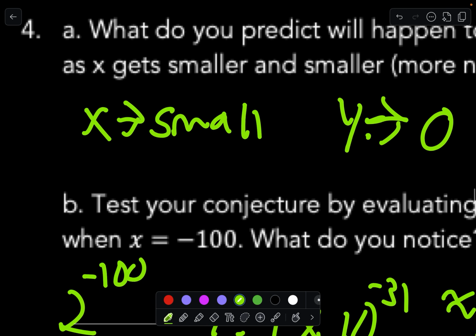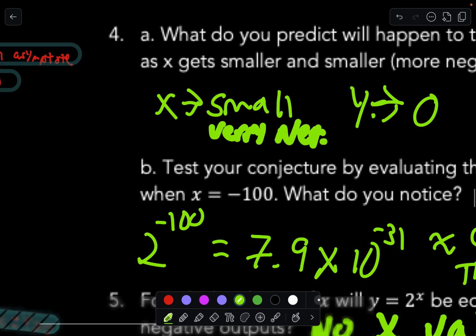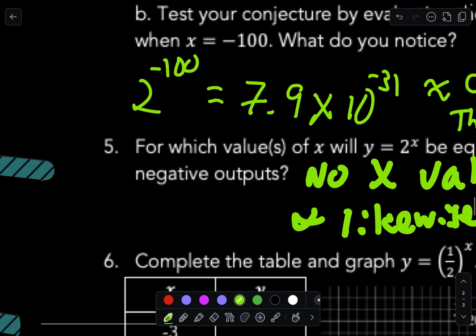So I should say as x gets very negative, y goes to 0. For which values of x will 2 to the x be equal to 0?